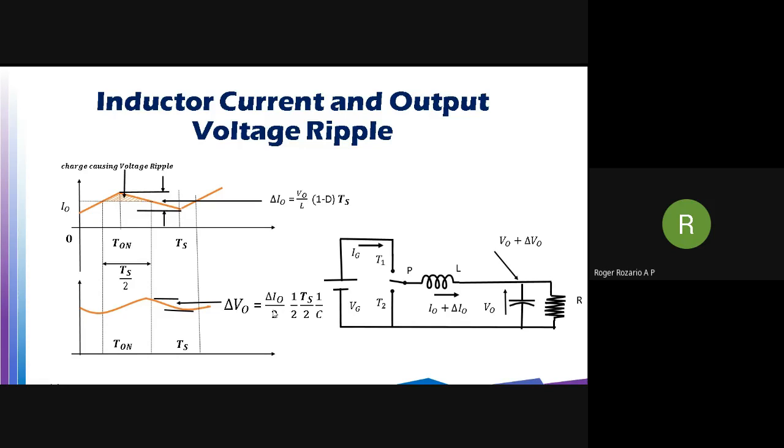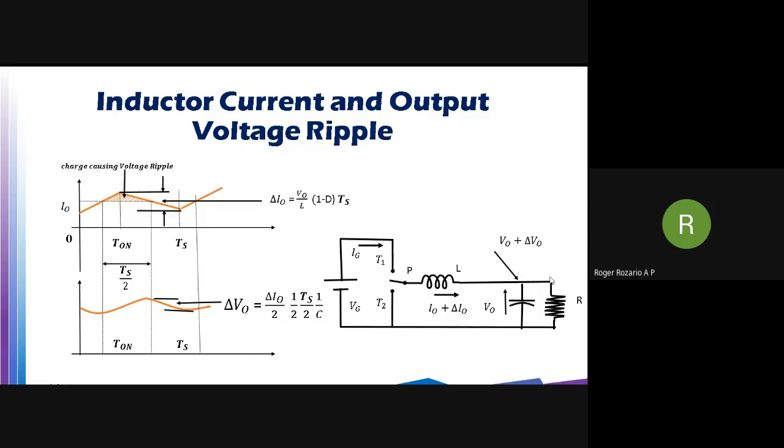Del I naught by 2 is the height of the triangle, Ts by 2 is the width of the triangle, and 1 by c comes in the expression for capacitor voltage. 1 by c integral of I dt is the capacitor voltage. And this del V naught flows through the capacitor.